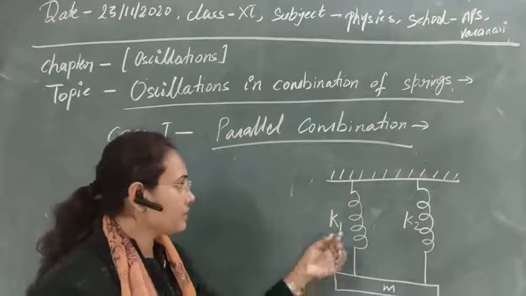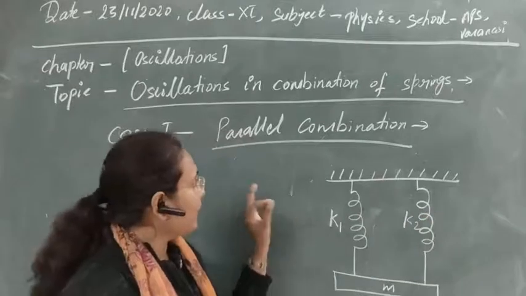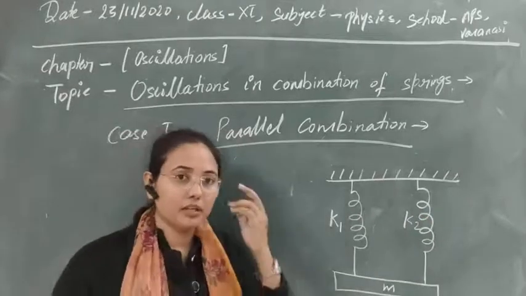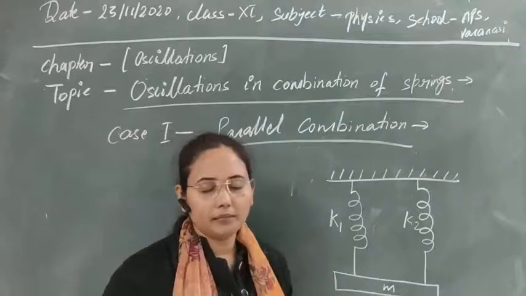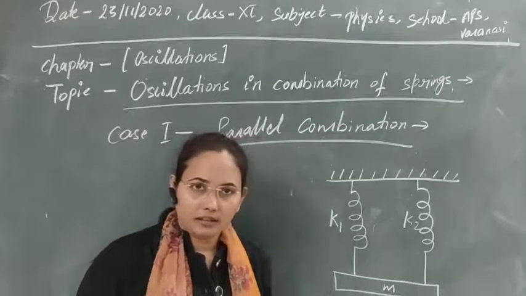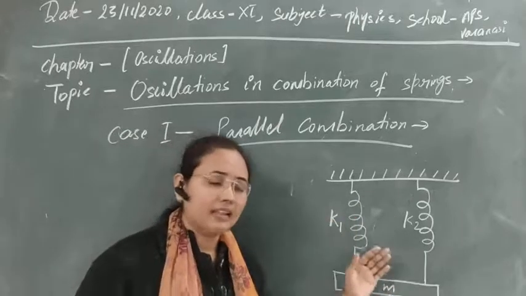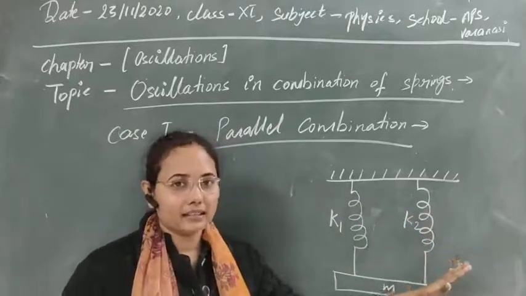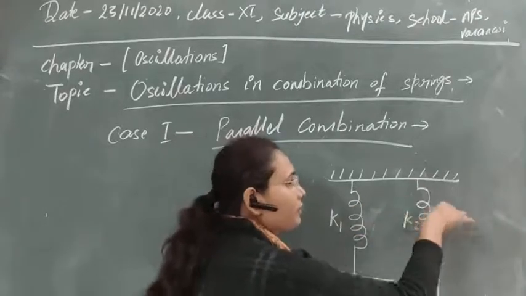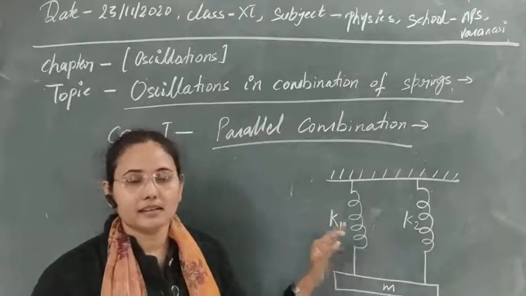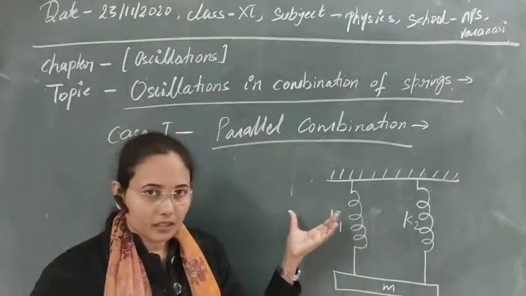I've just told you that we are taking the case of simple harmonic oscillations. Actually, we are not taking any example of damped or forced oscillations here; in your syllabus you have to study only simple harmonic oscillations, and that's why we are taking only the ideal cases. So for the ideal case we have to take a spring which should be flexible, elastic, inextensible, and also weightless.